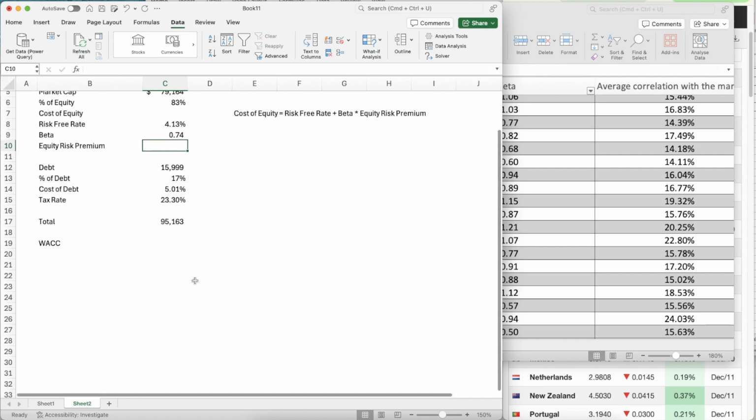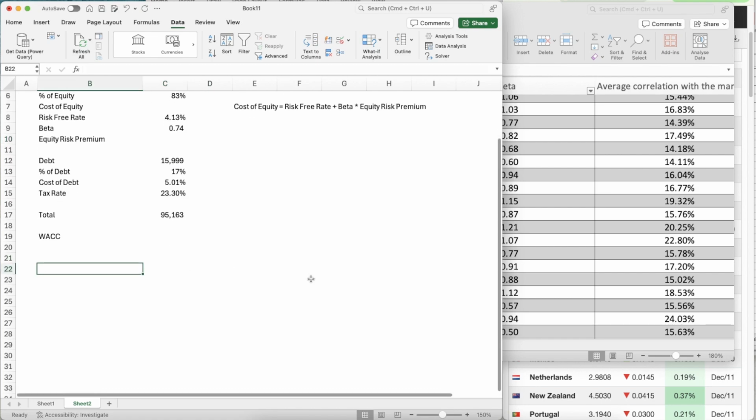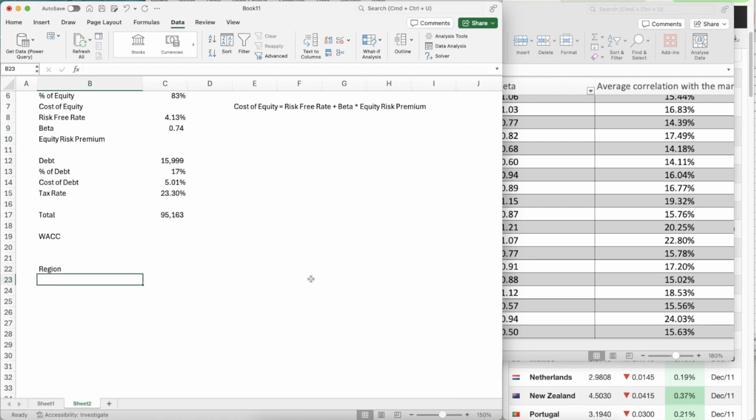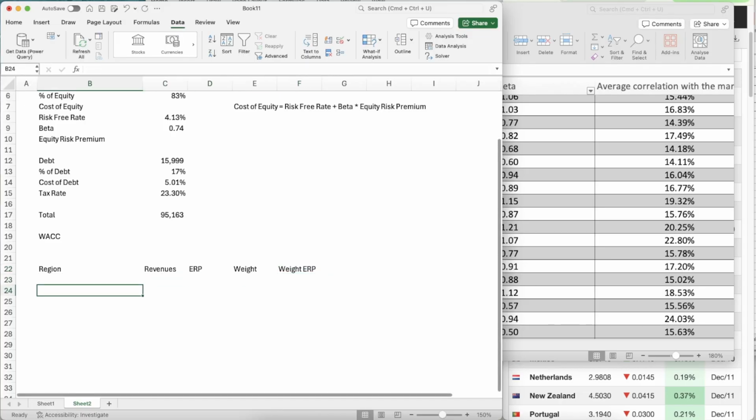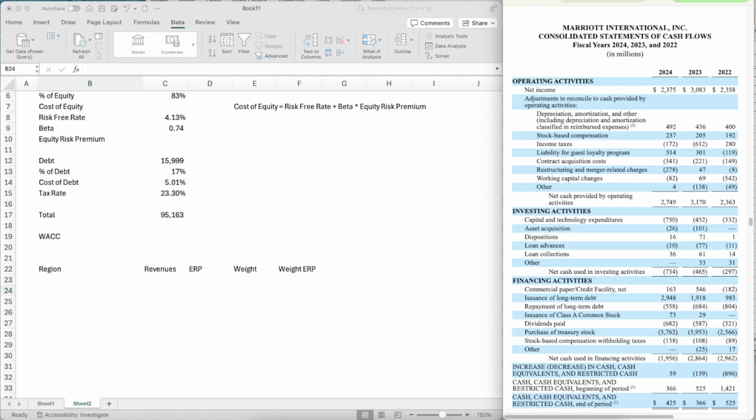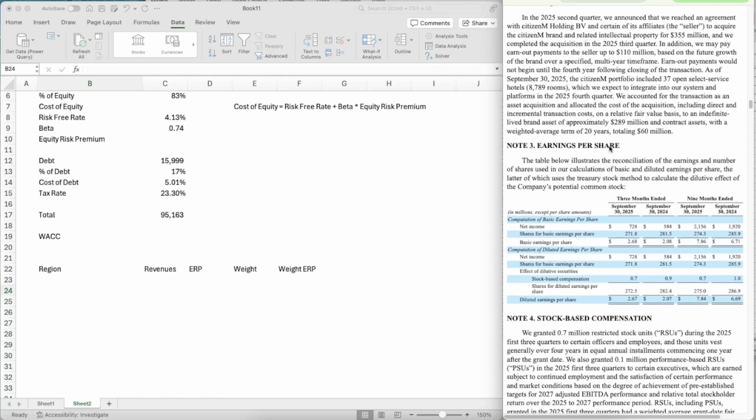The equity risk premium, though, this one we have to build properly. So we need to focus on the region, the revenues in that region, the ERP, the weight, and the weighted ERP. So let's see how Marriott breaks down its revenues by region.